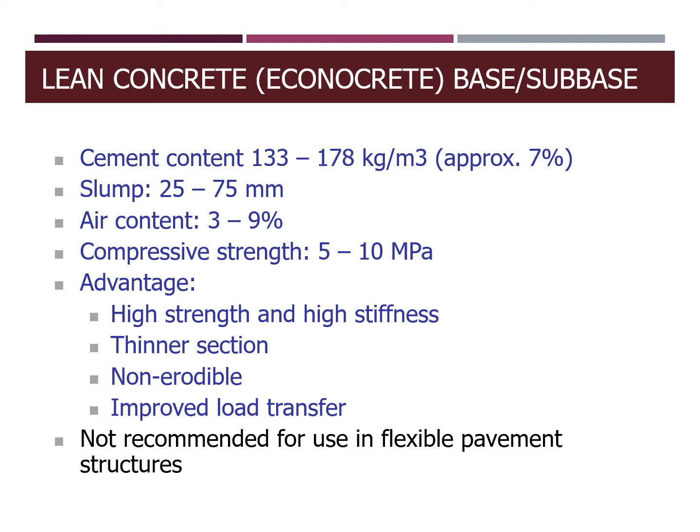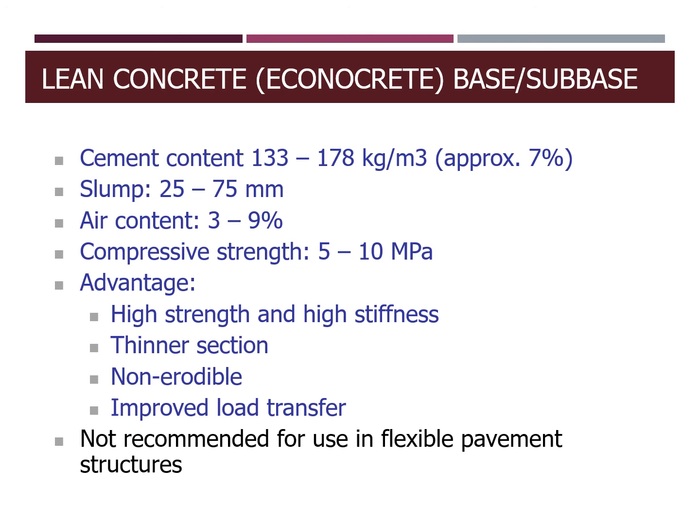The page here lists one typical amount of the components in the lean concrete. The cement content is set as 133 to 178 kg per cubic meter, which is approximately 7%.